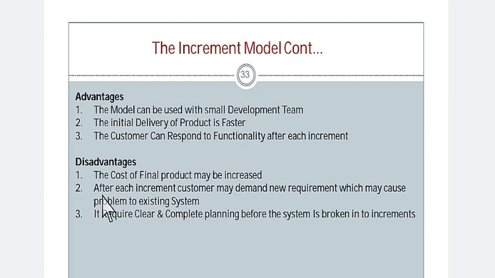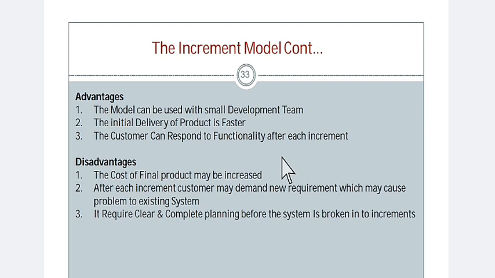Now the disadvantages. The biggest disadvantage of this type of model is that the cost of the final project may increase. In this case the final product cost increases because we have to create a number of updates, or a number of increments, of the software.